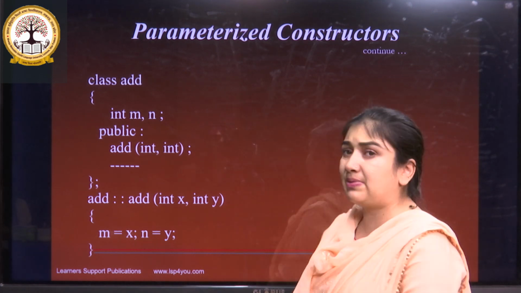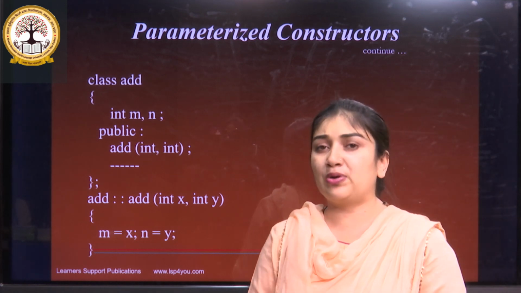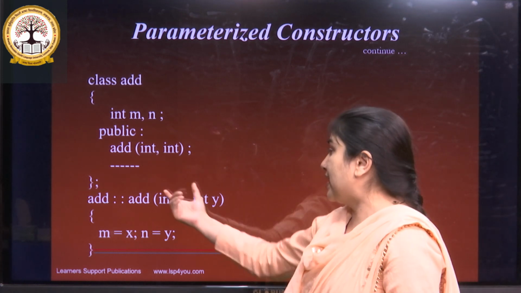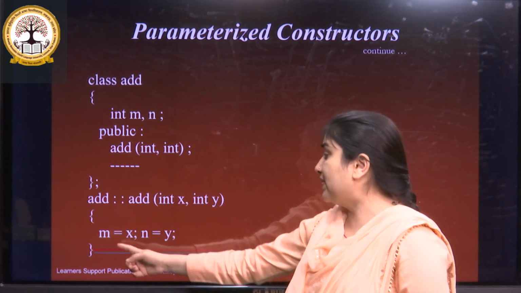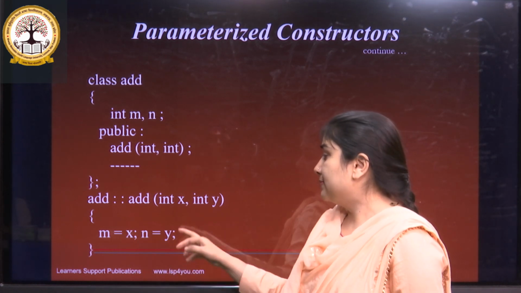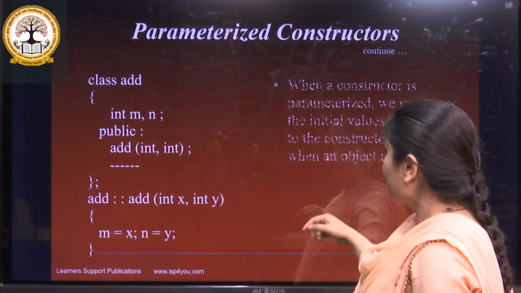This is a very simple example. The important thing to note is that we give certain parameters to this constructor, and then we assign values to m and n, the members of the class.